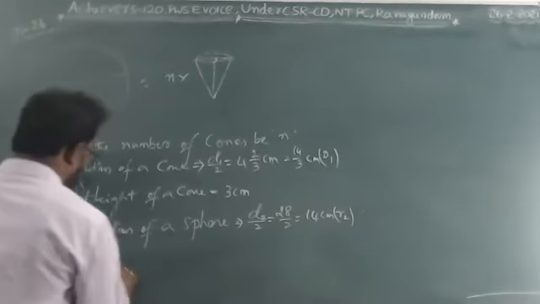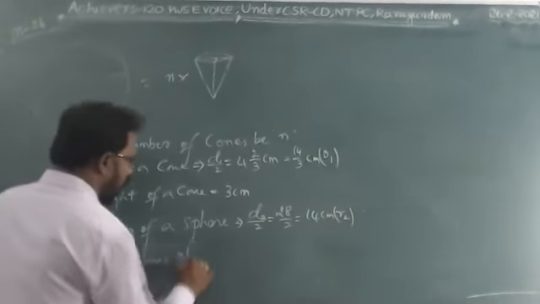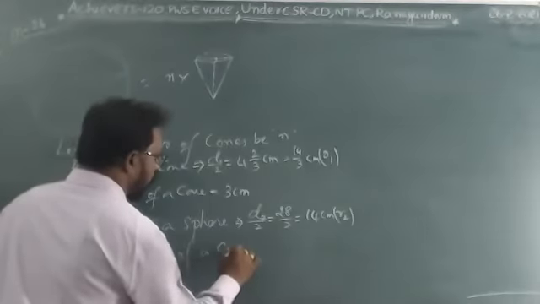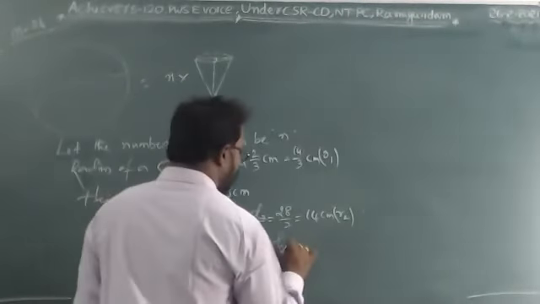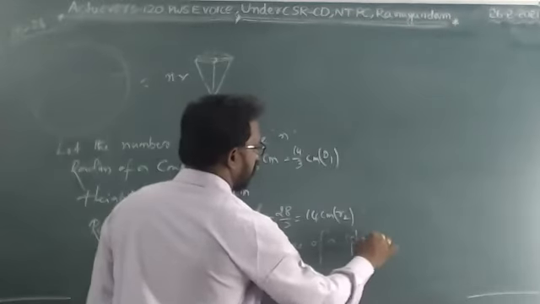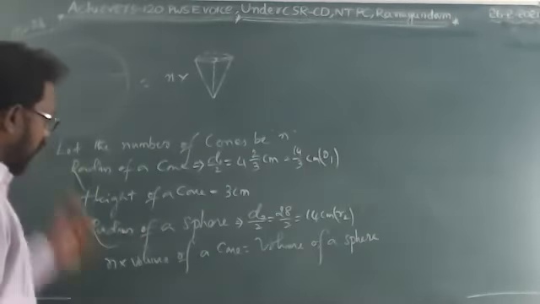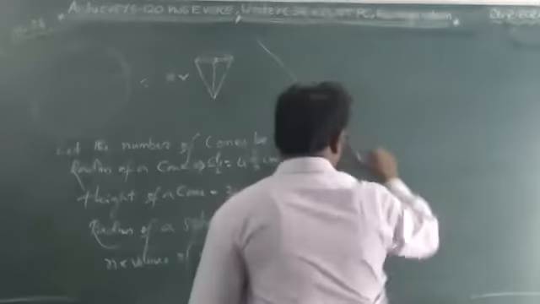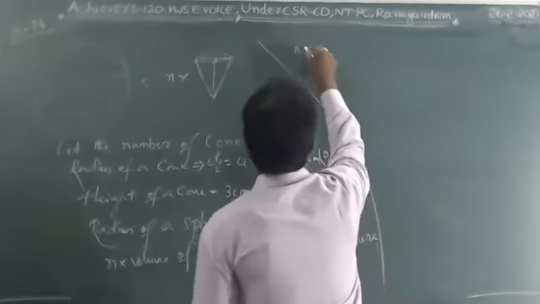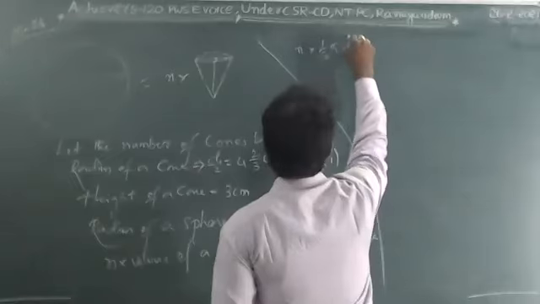Now the formula is: n times the volume of a cone is equal to the volume of a sphere. N times the volume of a cone formula, n into 1/3 pi r square h.